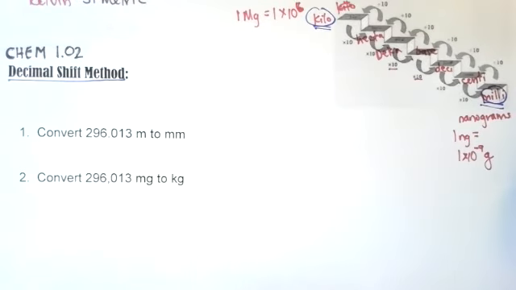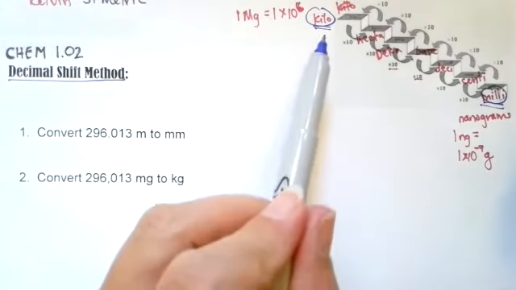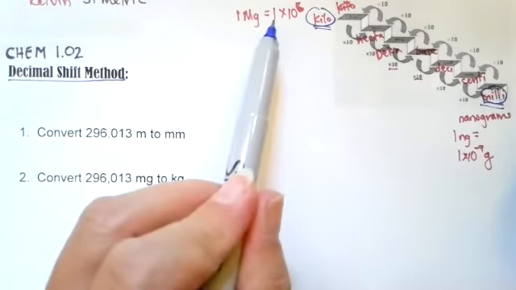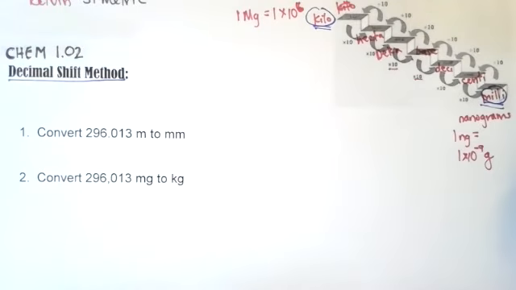Outside of kilo and milli, you'll have to show me dimensional analysis, using conversion factors, multiplying and dividing. On the test, I won't accept decimal shift for nanograms and kilograms, but between kilo and milli, where most of our metric conversions lie, you can do decimal shift.